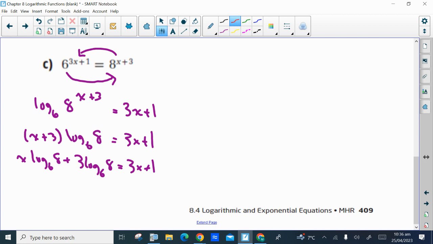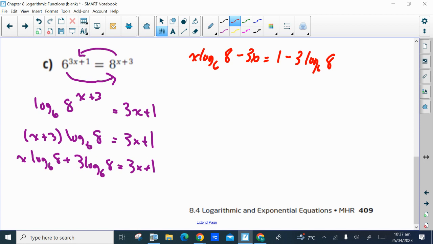We're going to collect all the x's on the left. So I'll keep the x log base 6 of 8 on the left. I will subtract the 3x from both sides. I'll keep the positive 1 on the right, and I'll subtract the 3 log base 6 of 8 from both sides to move it over.